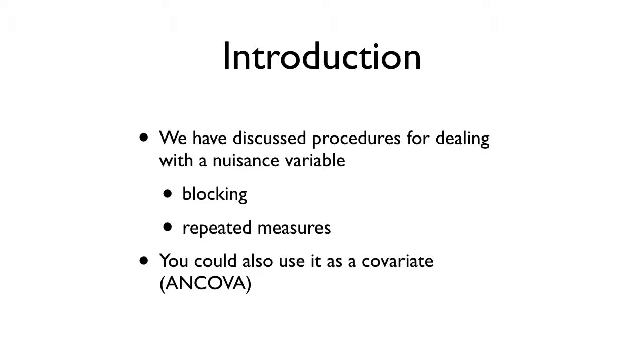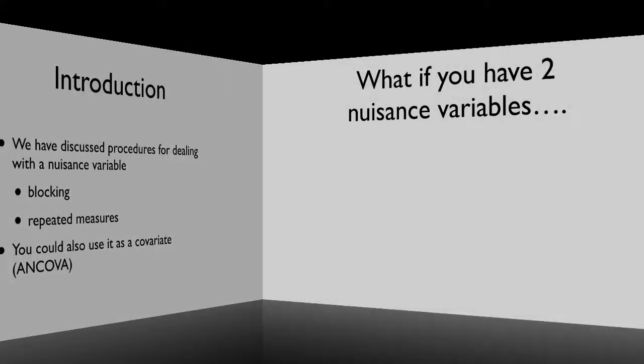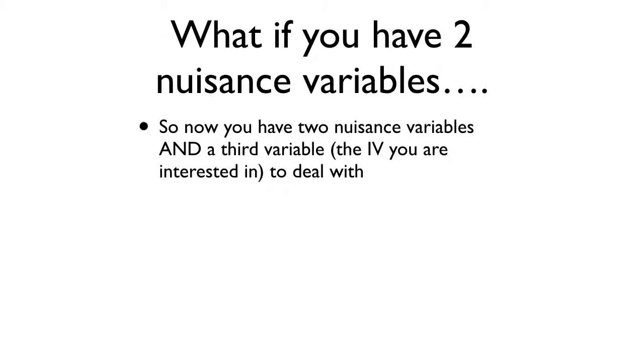It's better if we can make sure that subjects are the same on this nuisance variable, like we do with blocking, because then we know they are, rather than saying we're going to use math to do it. So what if you had two nuisance variables? Now you have a third variable you're interested in, but you have two nuisance variables. That can happen.